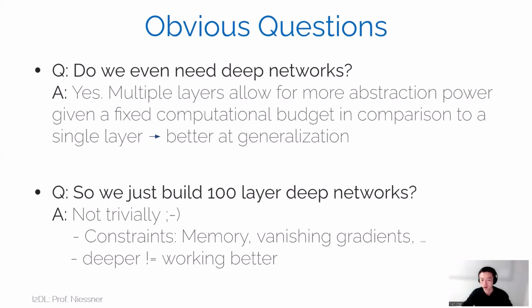Imagine that you have 100 layers, and each layer may have a bunch of nodes, and then you may need more memory to save the weights of the neural network and do the training. And actually, another thing is it's really hard to train a neural network with such deep layers. It may face some vanishing gradient issues, and also deeper does not necessarily mean working better.